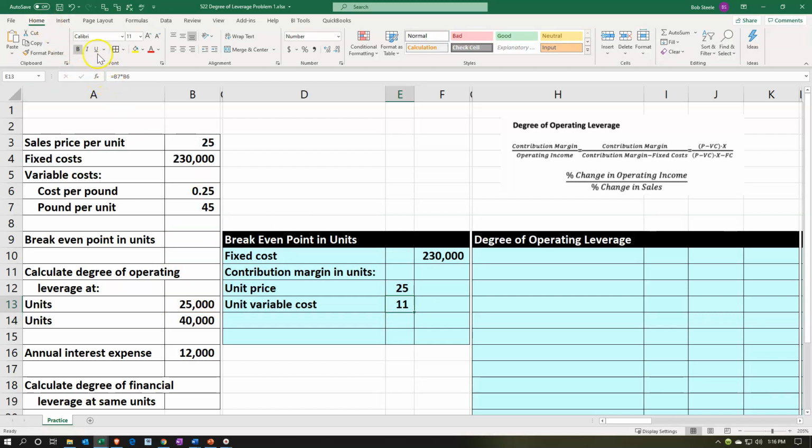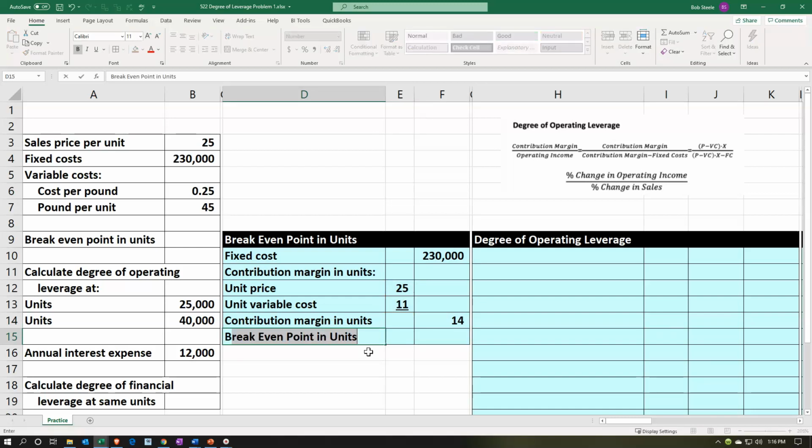Underlining this, Home tab, font group, underline, that's going to give us our contribution margin. Contribution margin in units is then going to be the 25 minus the 11. That's going to give us our 14. That's going to then give us what we need to calculate the break-even point in units.